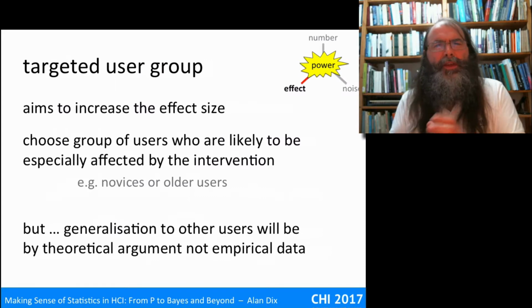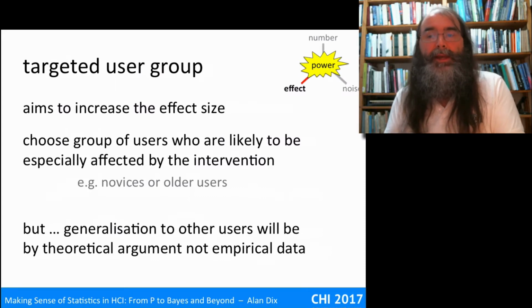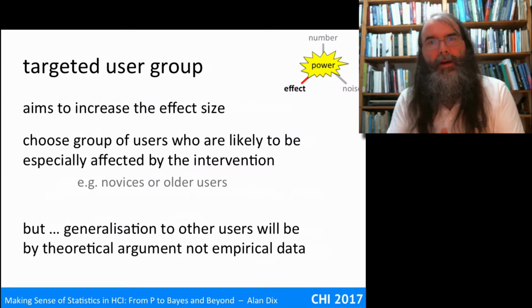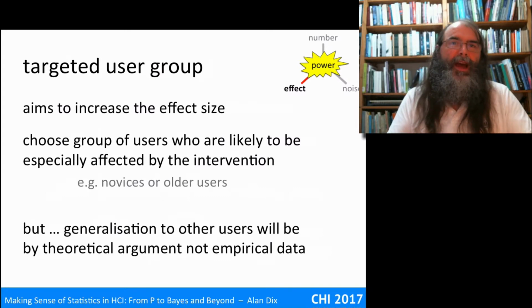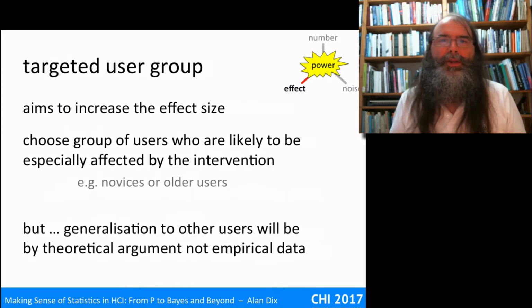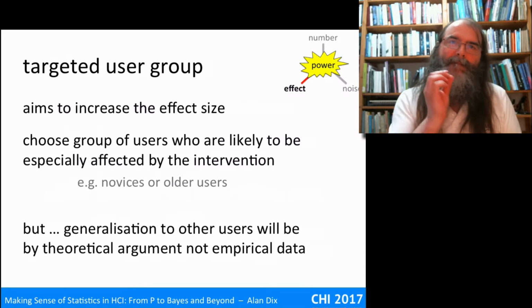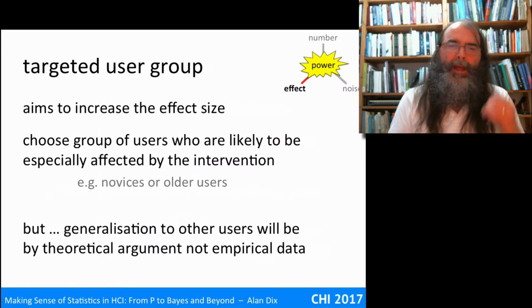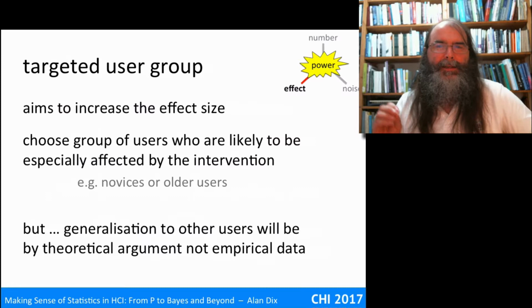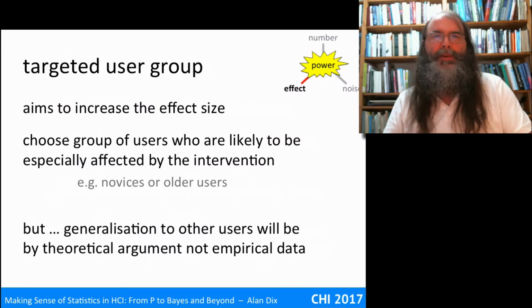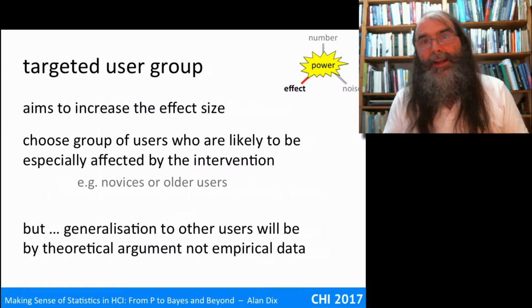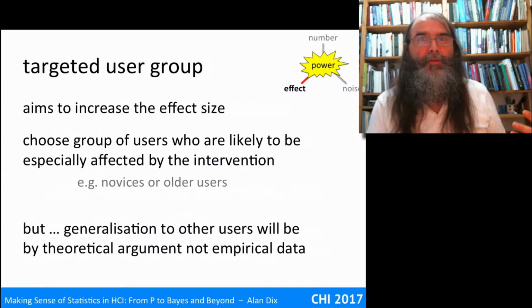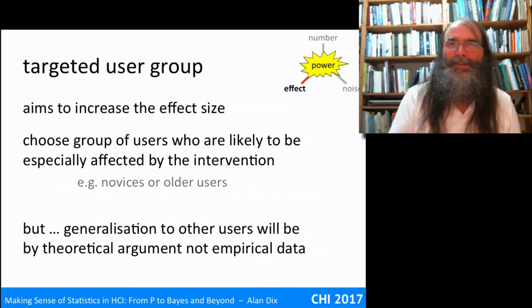A similar thing you can do, which is more restrictive on the experiment, is to have a very targeted user group. So instead of having every age, every kind of person, you say we're going to look at one very, very specific kind of person. It might be very highly educated people from a particular social situation. In fact, it's usually psychology students in universities or computer science students in universities.